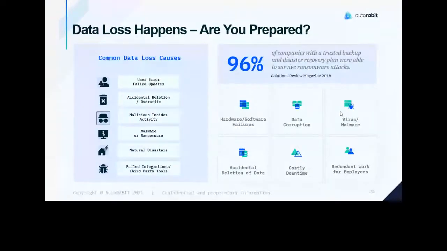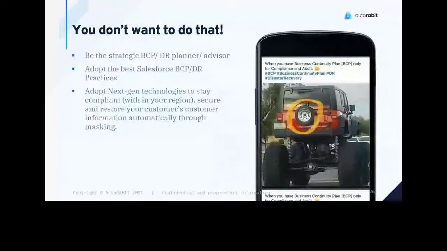You must have heard news about some of the airline companies, banking, financial services institutions going into outages where they get into multi-million dollar losses within a day or two. Redundant work for employees and all those things. So make automation part of your day-to-day activity to work efficiently, rather than hating it.